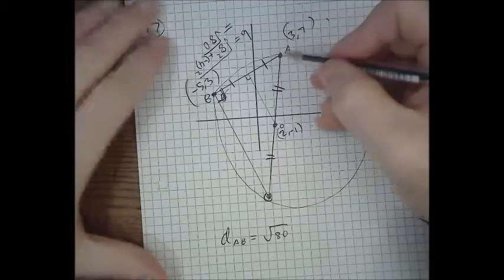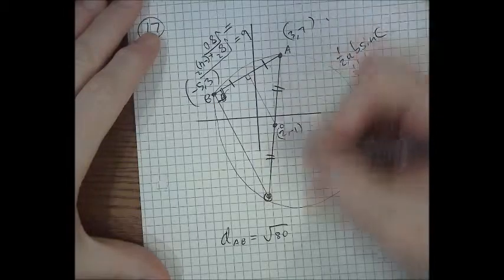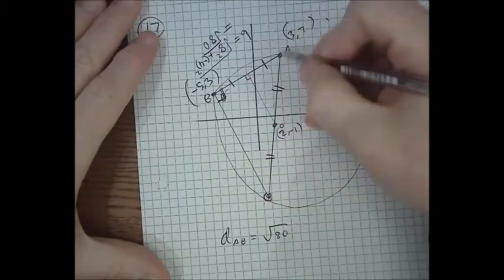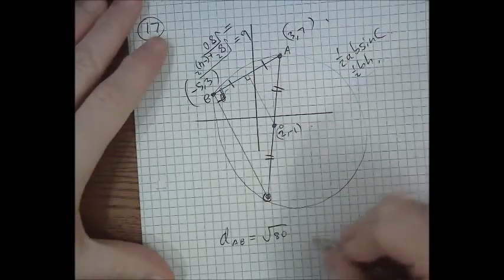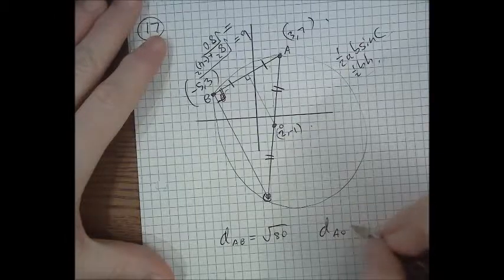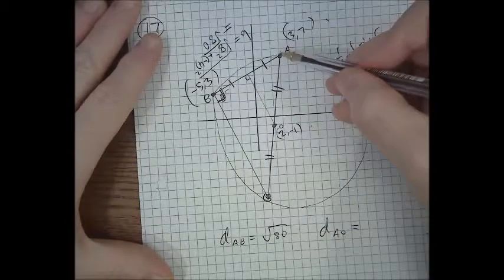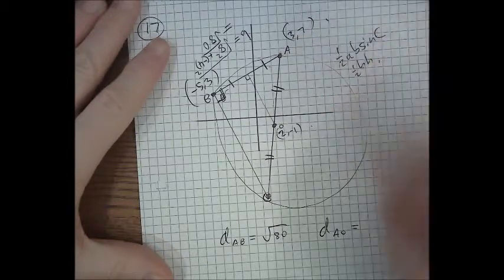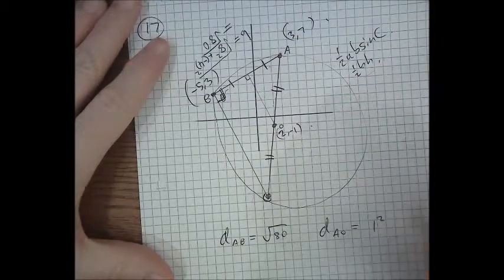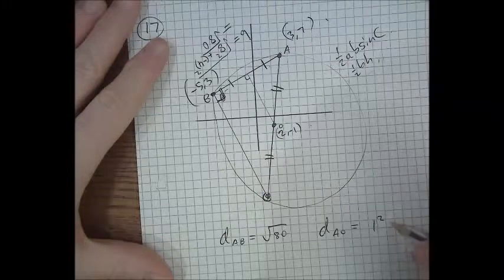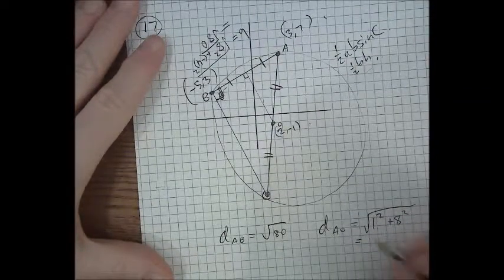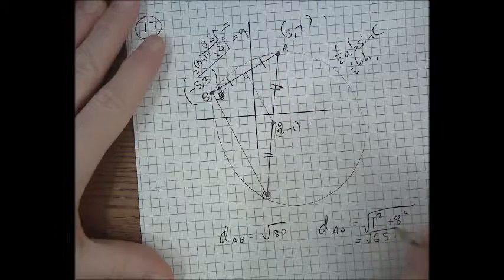See, I know this distance. It's twice the distance from there to there. The distance from there to there, so A to O, is the difference of the x coordinates squared, difference of the y coordinates squared, all square rooted after adding, so that's the square root of 65.